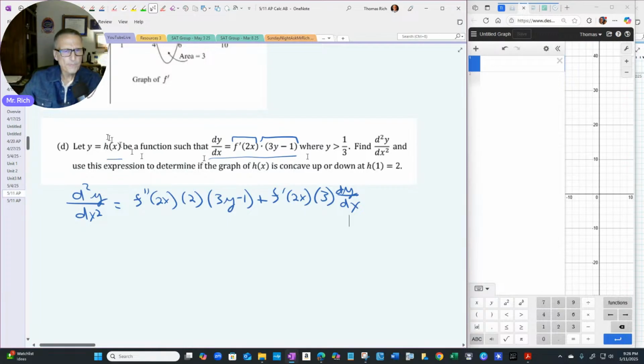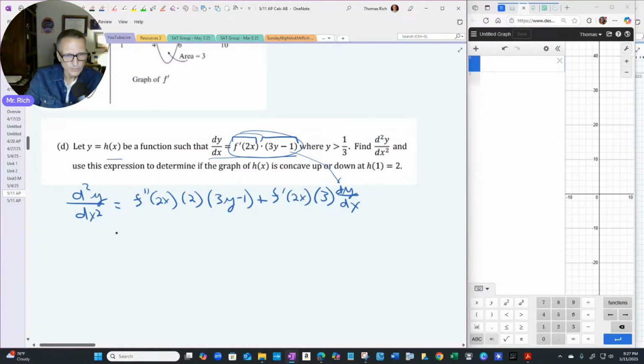Second derivative test. But at any rate, what I'm going to do here is now I need to, that is going to be my second derivative, but I do need to put in the dy dx back over here. So this part right here is going to be substituted in for that. Now it does want me to find d squared y dx squared.